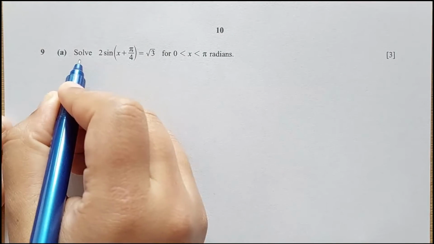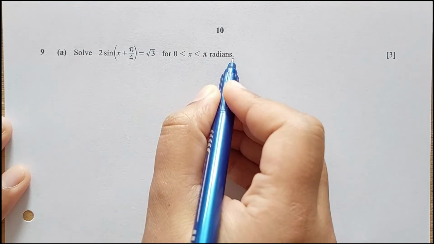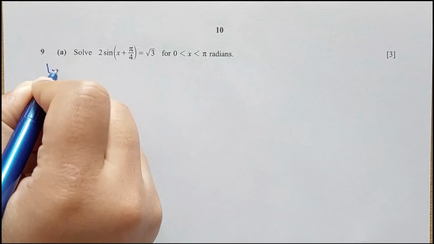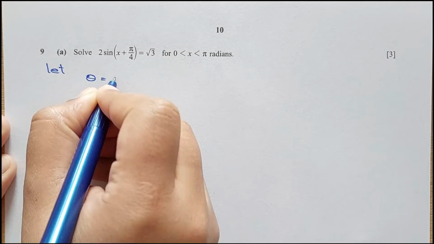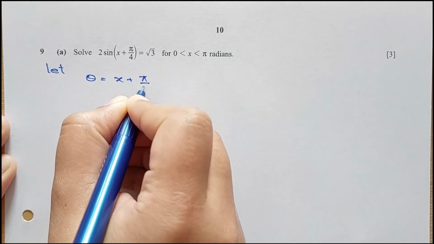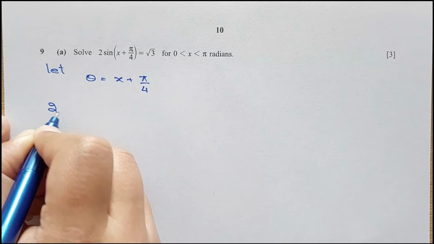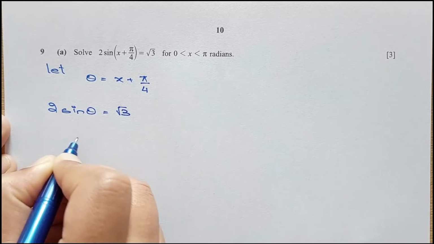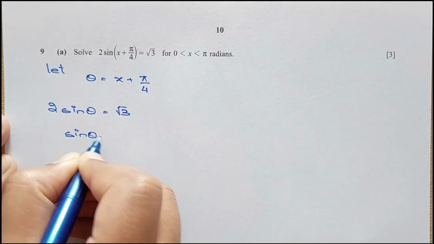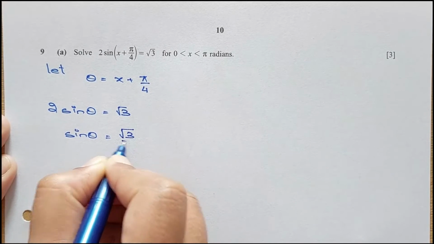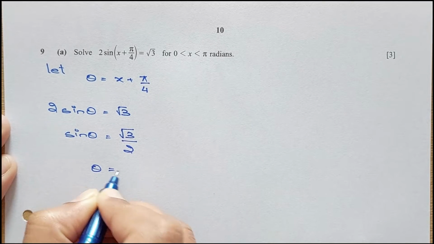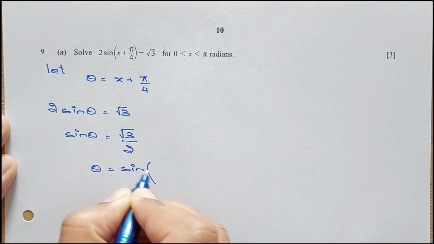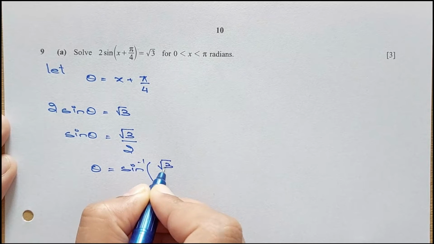Question number 9, part A. Solve this equation for x between 0 and pi radians. Let me suppose that theta equals x plus pi by 4. So we have the equation 2 sine theta equals square root of 3, and sine theta equals square root of 3 divided by 2, and theta equals sine inverse of square root of 3 divided by 2.